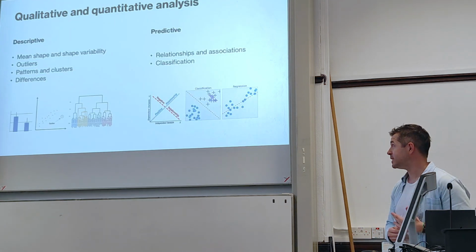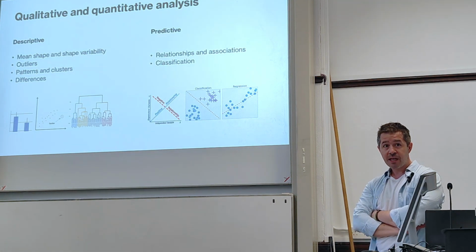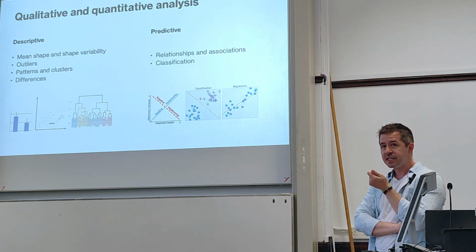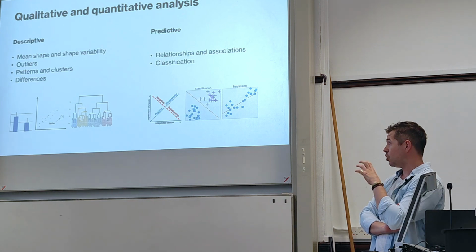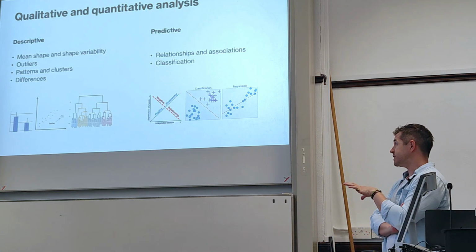Why I find it particularly useful is that it allows us not just to describe shape, so it's not just qualitative, although it has a lot of 3D information, which is really useful. It also is quantitative.